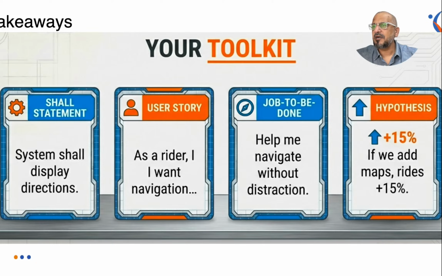Now, the takeaways, some more things in your toolkit: whenever there is a systemic requirement, you talk about the system shall do this. For example, if there is a backend server which is looking at all your vehicles and doing some number crunching and providing each individual customer information on their mobile phones, right?